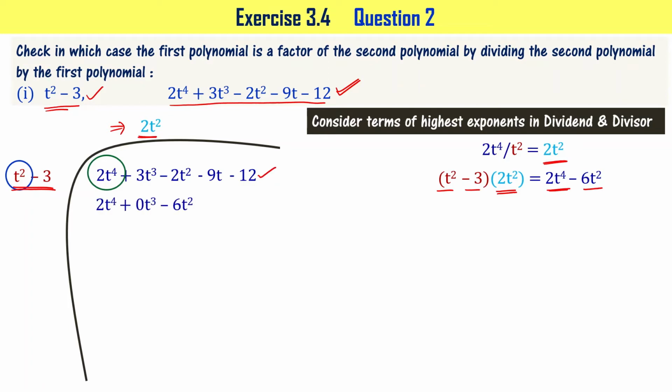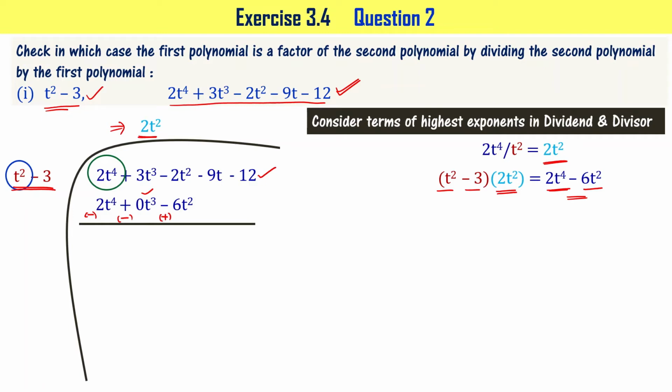Since in this particular case there is no t cube term, I have written here 0t cube, you see here, right? Now let's subtract. For subtracting, what we do is we change the signs of the terms in the expression below, right? This particular one becomes plus. And then simply add term by term.